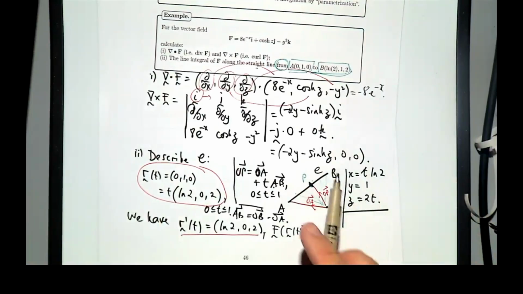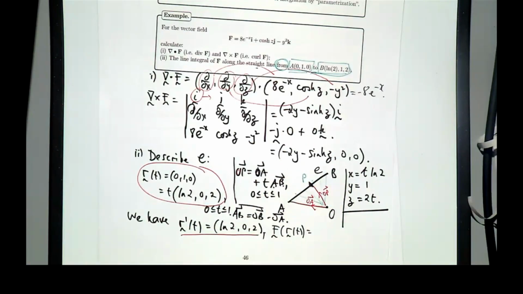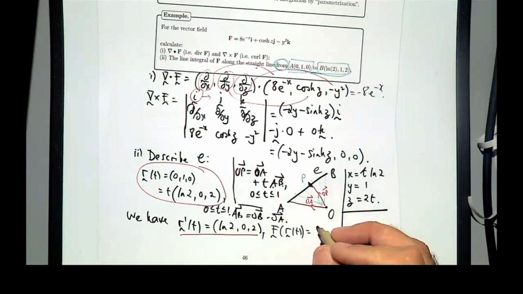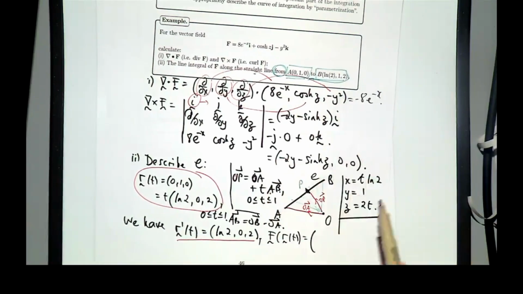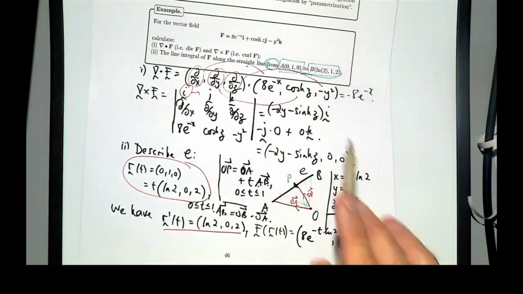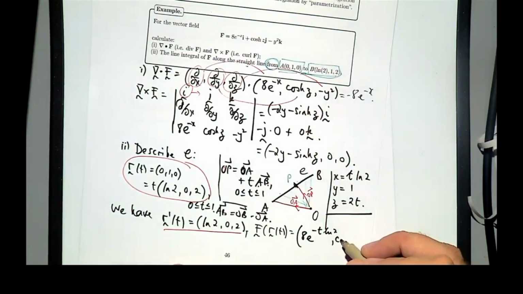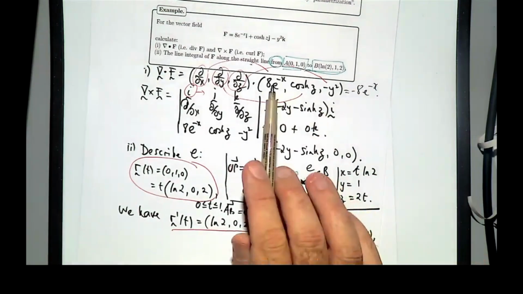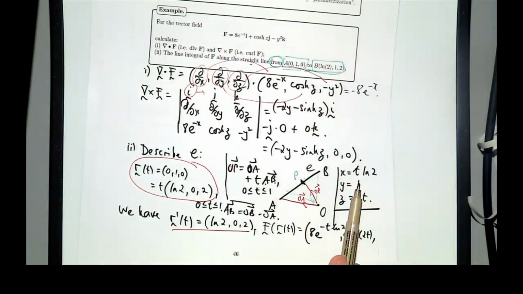All right, so let's go up there and say, okay, we're going to put in our values. All right, so instead of x, we put that in. Cosh z is going to be cosh of 2t. And negative y squared will just be negative 1.